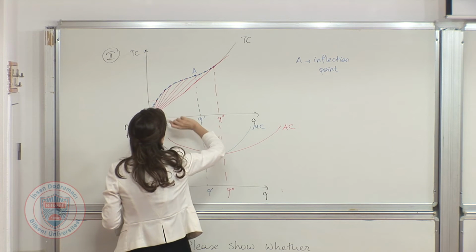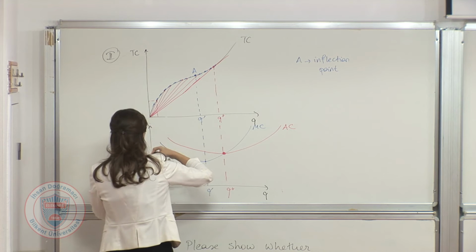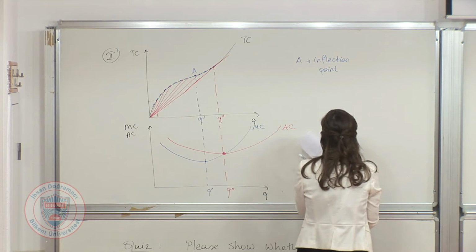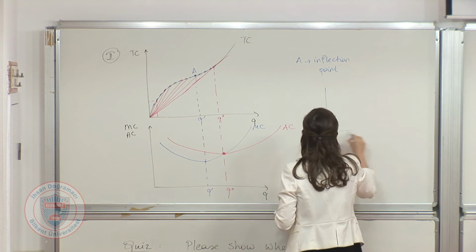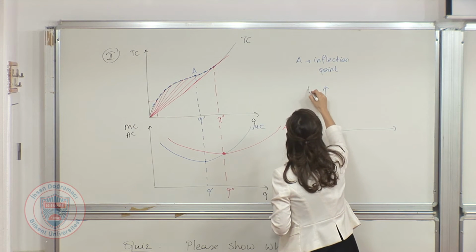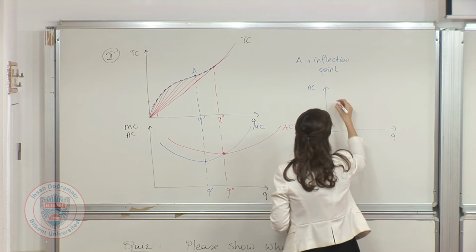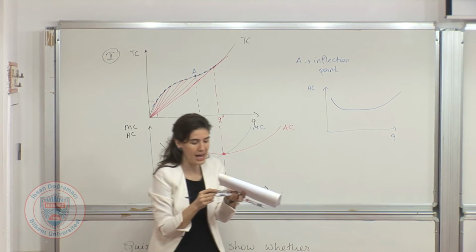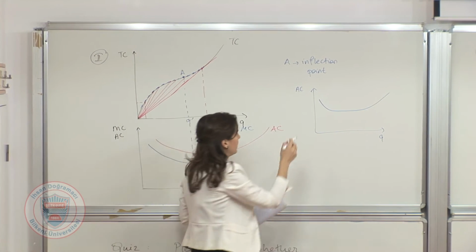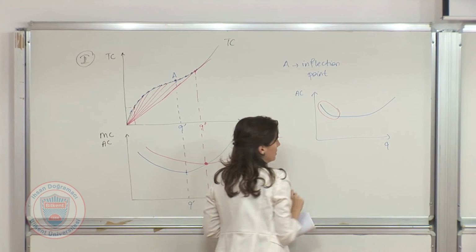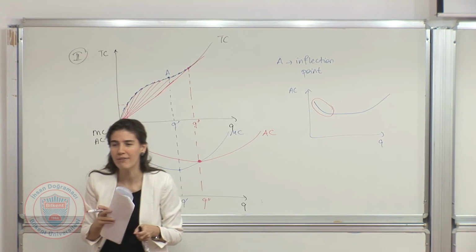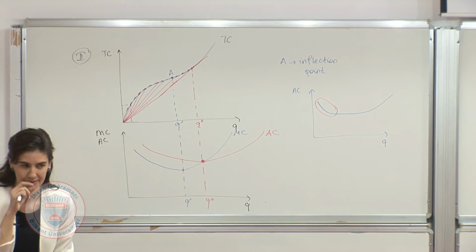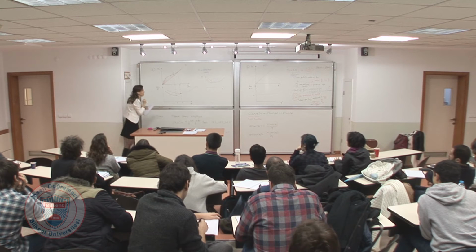And then we said that on this portion, whenever you have an average cost curve like this, okay, so this is, let's say, average cost and Q. In this portion, where average costs are decreasing, we say you have increasing returns to scale, okay?